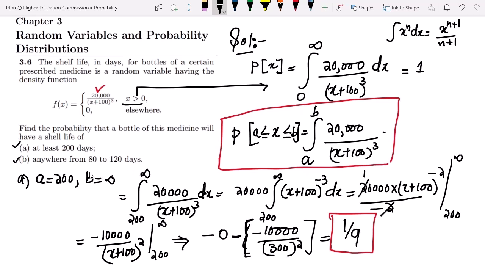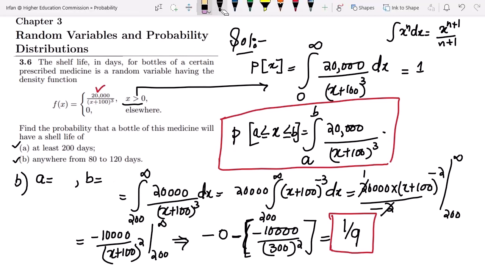Similarly for part B, what do I have to do? The only thing I have to do is change these limits. The lower limit would be 80 and the higher limit would be 120. So let me change it.